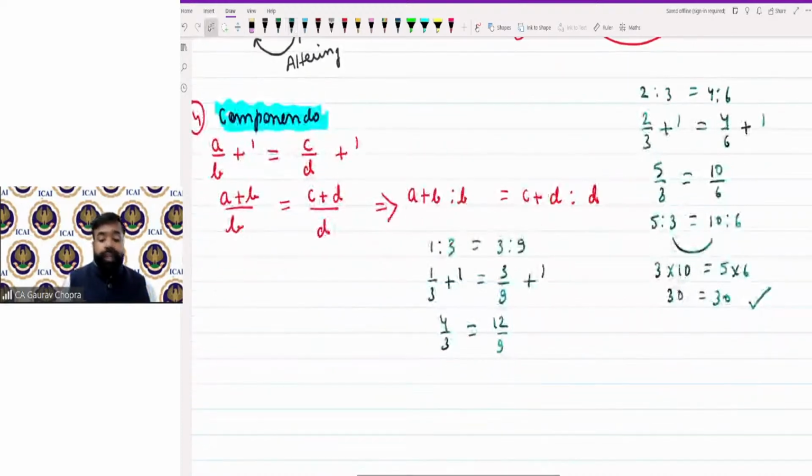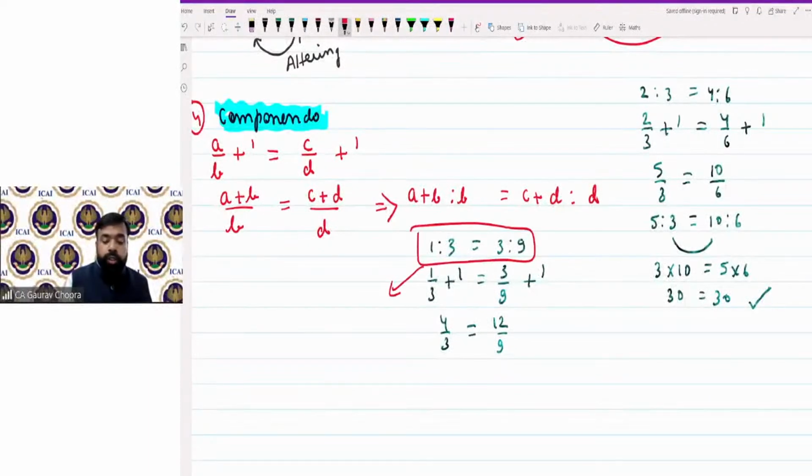If you want to do directly from here, then what is the shortcut? Add denominator in the numerator. So 1 plus 3 upon 3, and here also 3 plus 9 upon 9. So it will become 4/3 and 12 upon 9. So this is known as componendo.